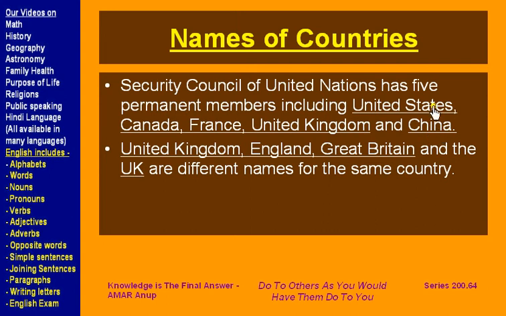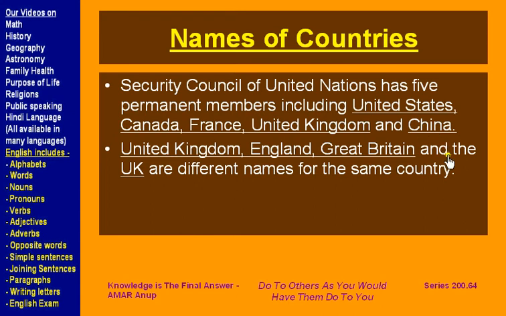So these are the names of the countries. United States, so U and S is capitalized. Canada, C is capitalized. France, another country, F is capitalized. United Kingdom, another country, U and K are capitalized. And same way with China, C in China is capitalized.